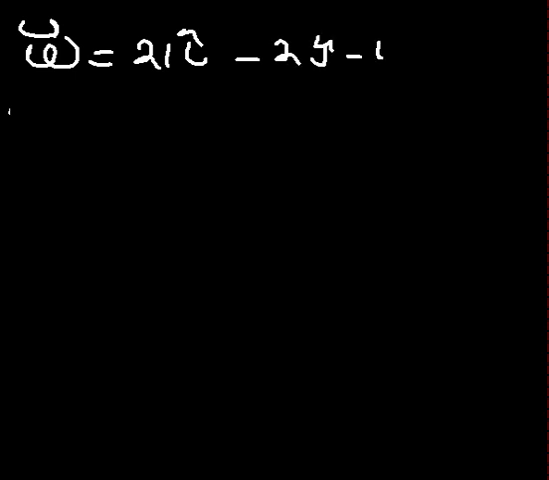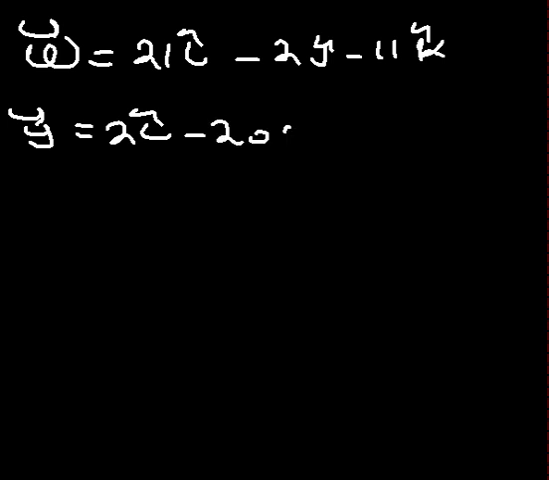Now, what if we have this case? Let's say we have the vector W given as 21i minus 2j plus 11k. Now we have the vector Y given as 2i minus 20j minus 2k.